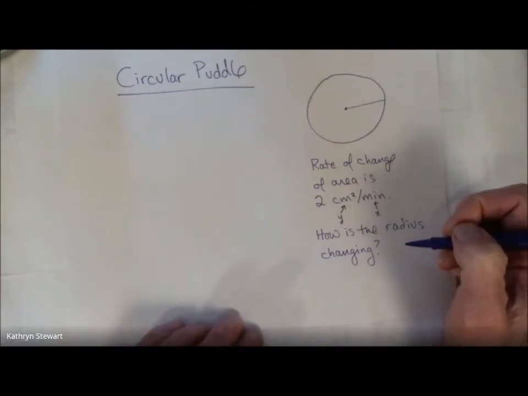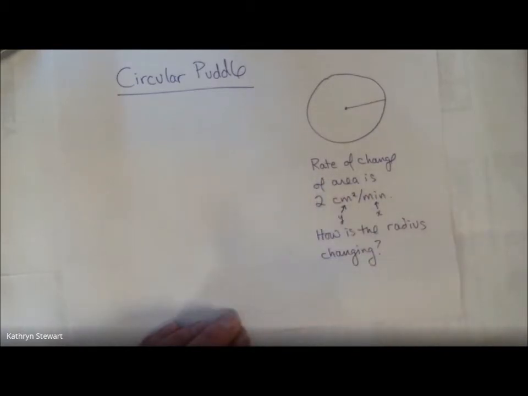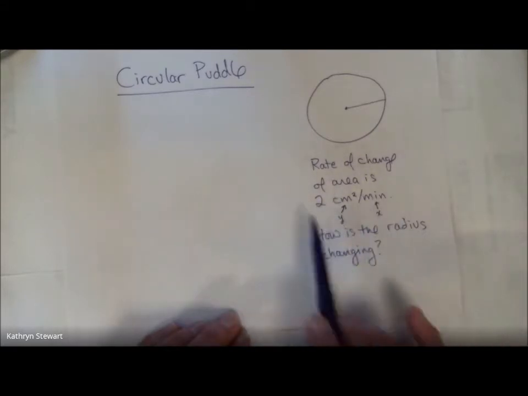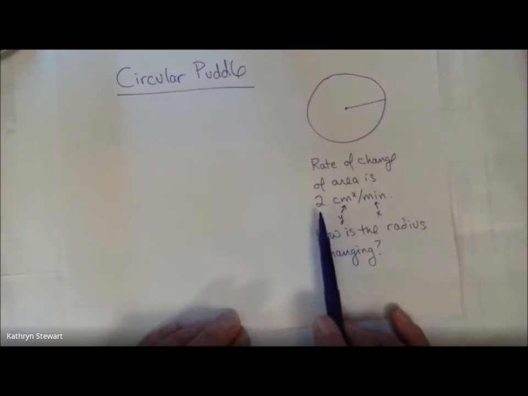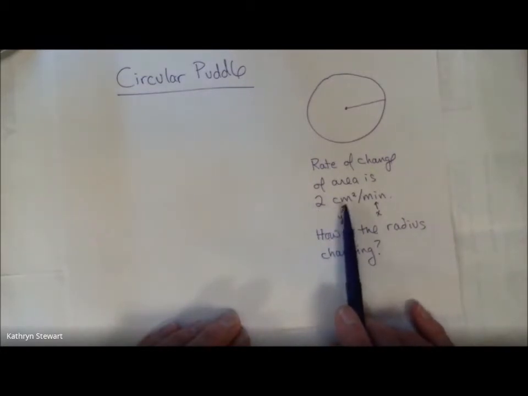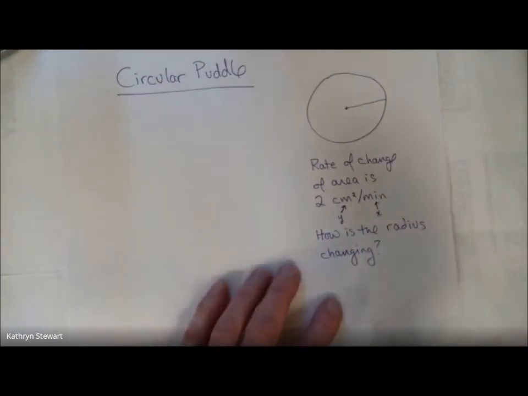All right, so what is another word for rate of change in calculus? Yeah, derivative. So I think we're going to be working with derivatives here. So I know that the derivative of area is 2 square centimeters per minute. So let's use some calculus notation here.